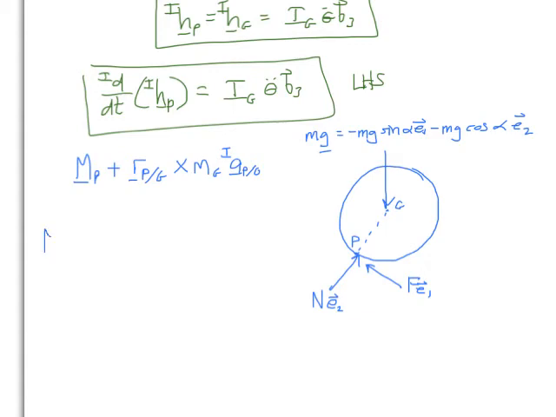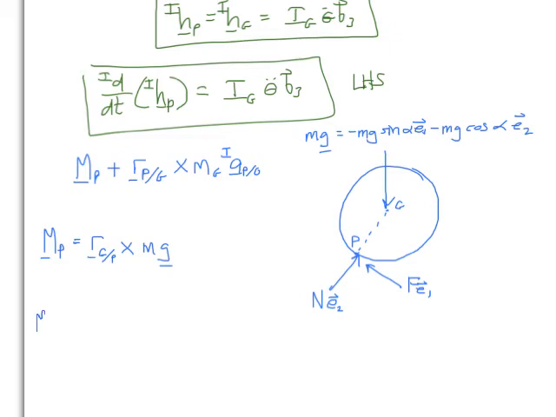Breaking down the moment about point P, it's equal to the position vector of G with respect to P crossed with mg. There's only one force that's creating a moment about P. Point P is positioned so that the normal force and the friction force have a line of action through it, so we only need to do one cross product.